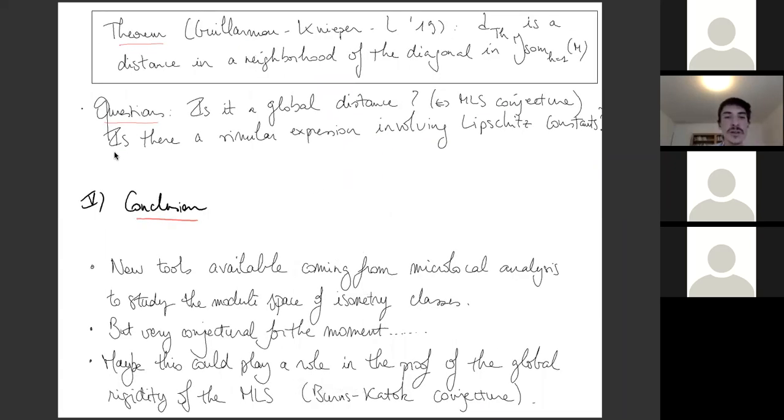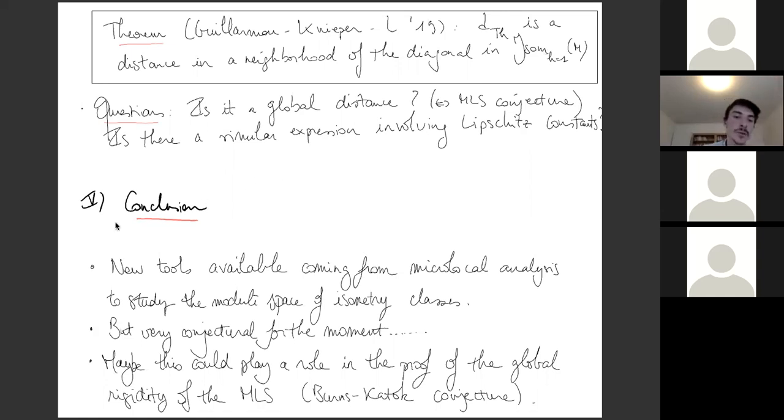And what we show in our paper is that this Thurston's distance that we define for all isometry classes, regardless of the curvature or the dimension or whatever. Well, the curvature still has to be negative, but still, we show that this Thurston's distance is indeed a distance in the neighborhood of the diagonal in the moduli space of isometry classes of metrics with topological entropy equal to 1.